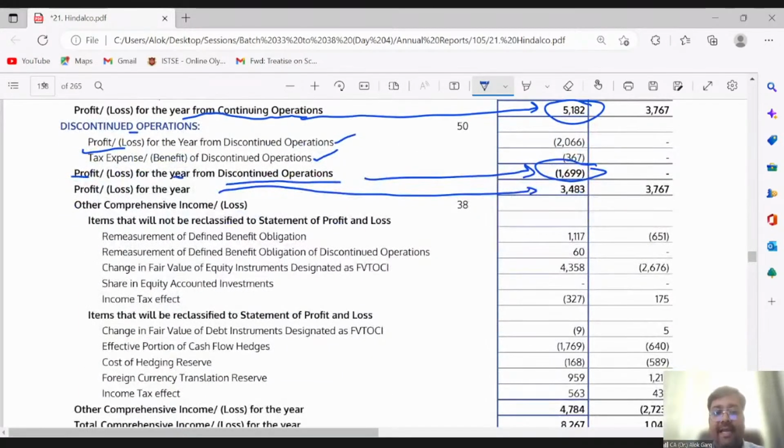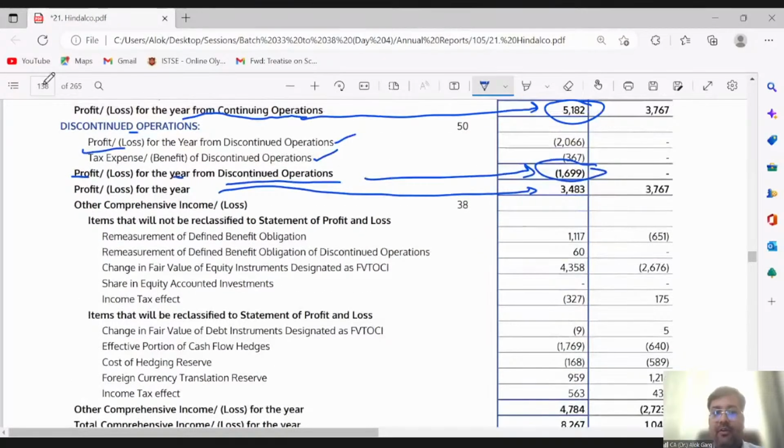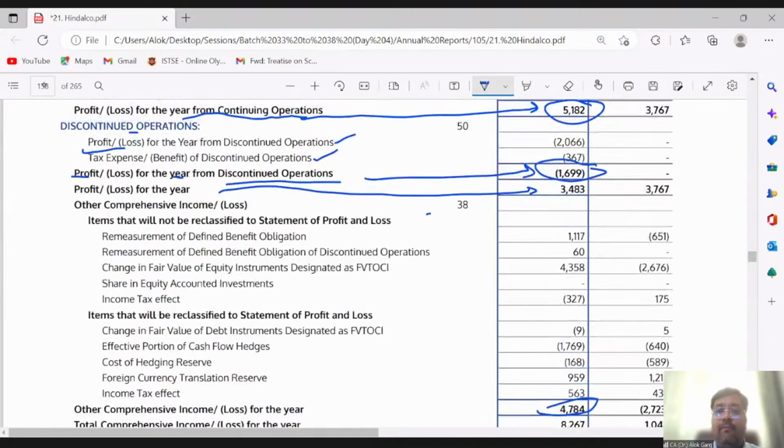And when you see the OCI, OCI also, in other comprehensive income, note number 38, 4784 is your OCI, right? Now let's go to note number 50. Let's go to note number 50. Okay.